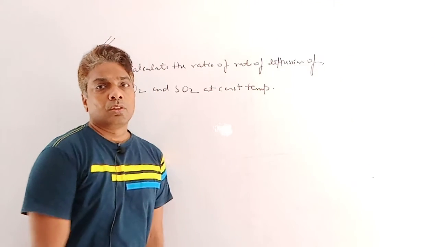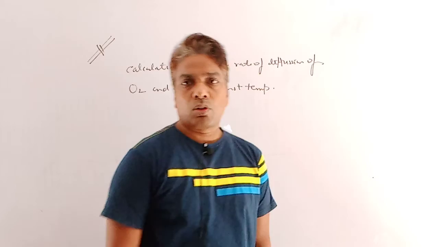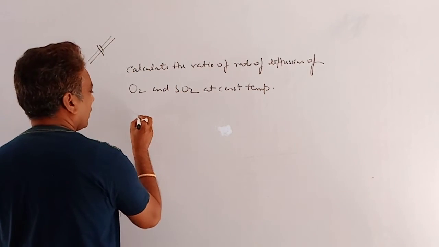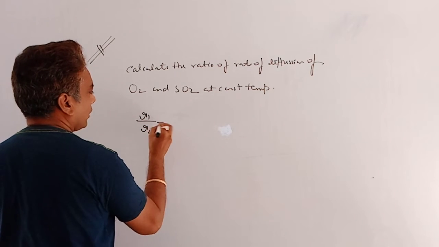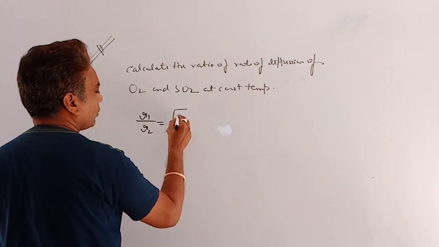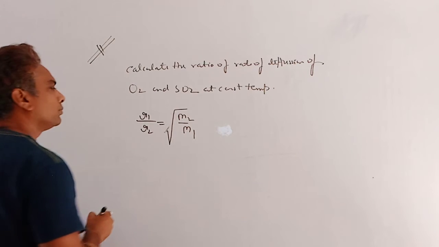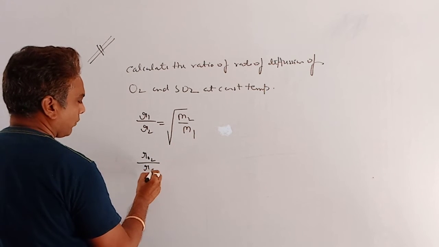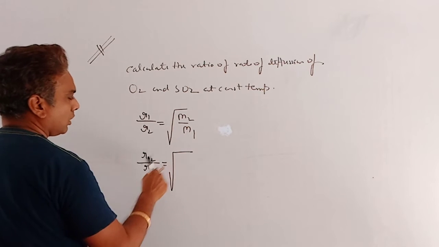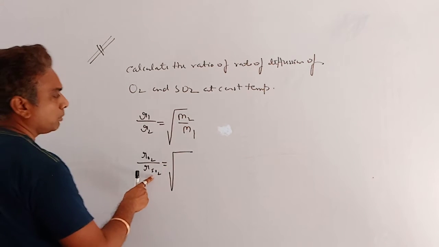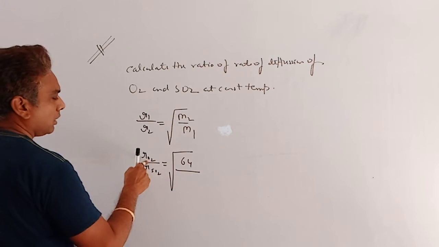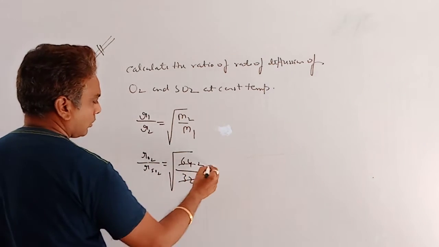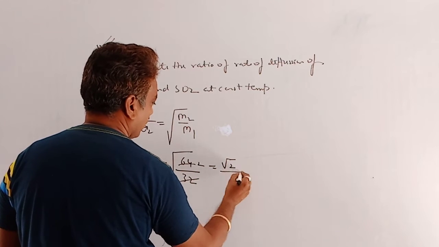Clear? So in this question, temperature is constant, so by using Graham's law, we can write R1 upon R2 is equal to under root M2 by M1. So here R of O2 upon R of SO2 is equal to under root of the molecular mass of SO2, which is 64, divided by that of O2, which is 32. Clear? So it will be root 2 divided by 1.